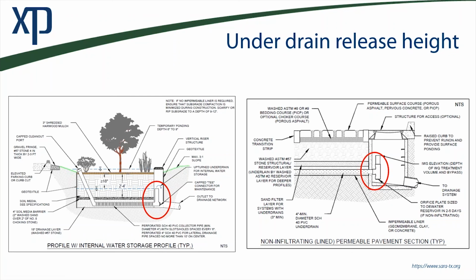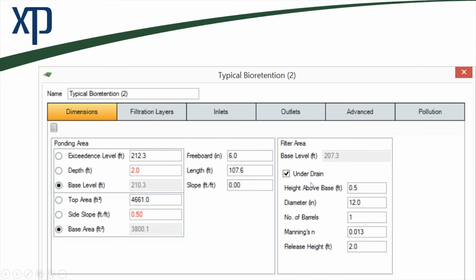The level at which this overflows, the blue line, and the top of this small capped connector is the release height that we can now specify in the underdrain section of several stormwater controls. So in this example, we have an underdrain in the bioretention area. If we add together the height above base and the release height, we have 2.5 feet, and that tells us the total depth of the saturated zone.